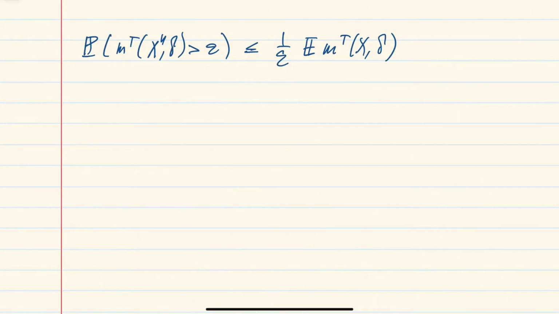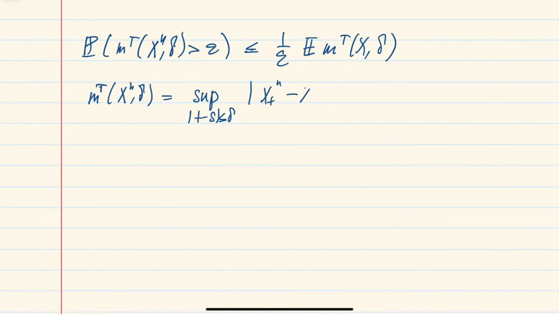But first, let's rewrite this modulus of continuity a little bit more explicitly. So by definition of the modulus of continuity, it's just a supremum over all t and s within delta from each other of the process at time t minus the process at time s.